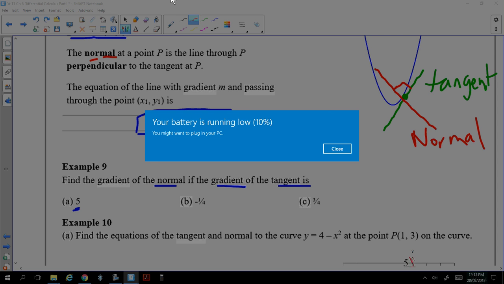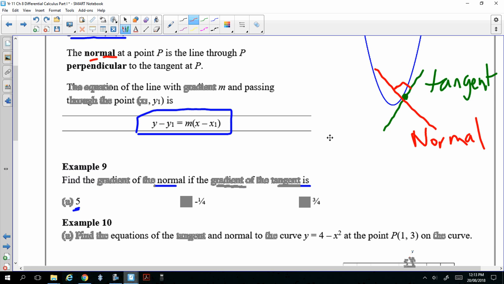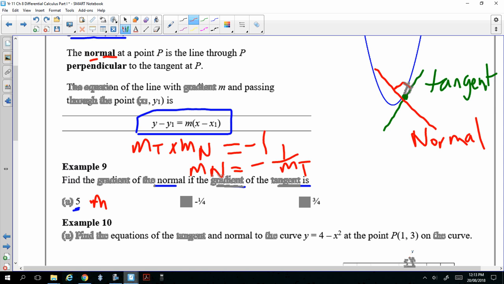If they're perpendicular, gradient of tangent times gradient of normal is -1. Therefore, to get the gradient of the normal, you divide -1 by the gradient of the tangent. So the gradient of the normal will be -1/5. Alright, try the next one.